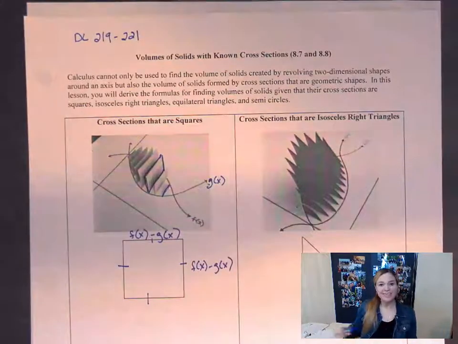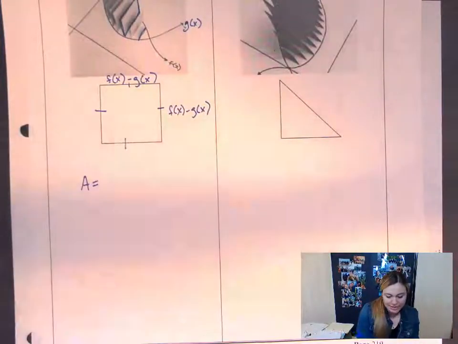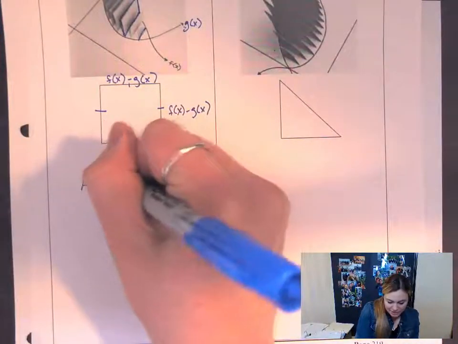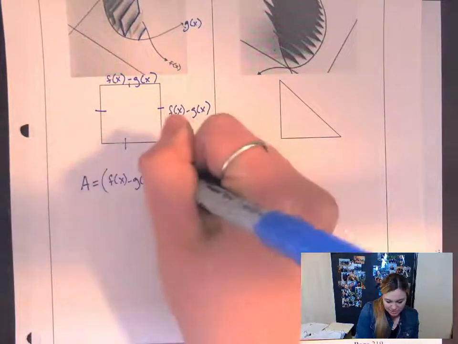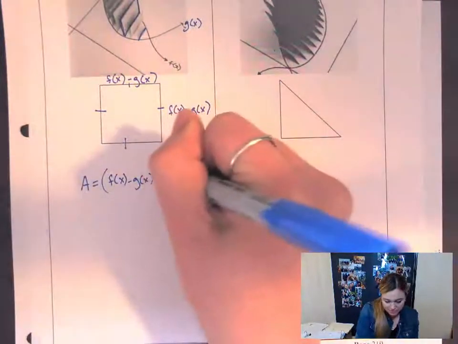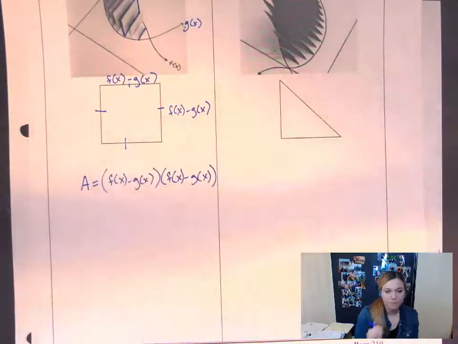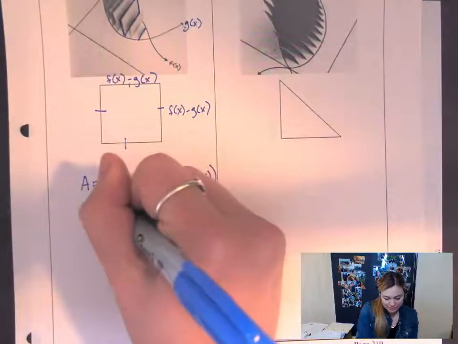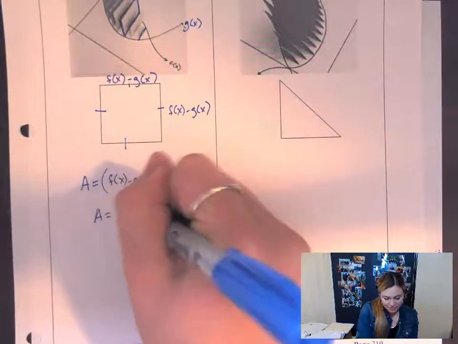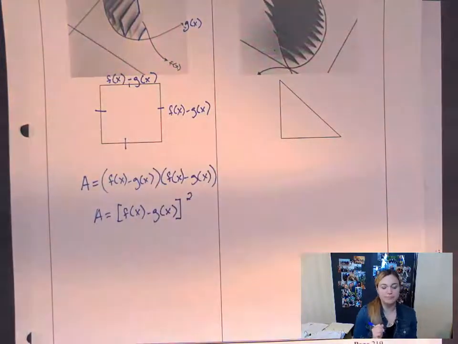So if I want to find the area of just one square, not even worried about volume yet, I would say this is f of x minus g of x, my base, times my height, or if I wanted to simplify that, anything times itself we can write as f of x minus g of x, squared.